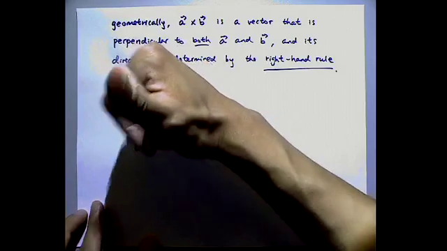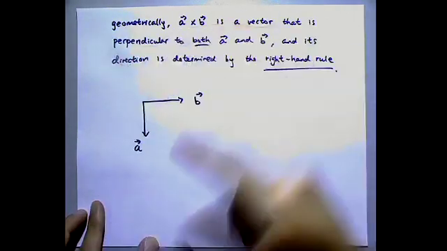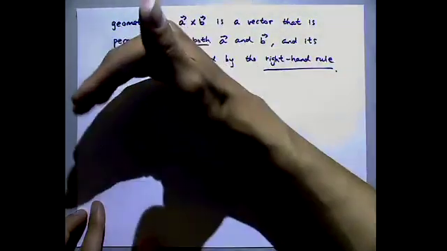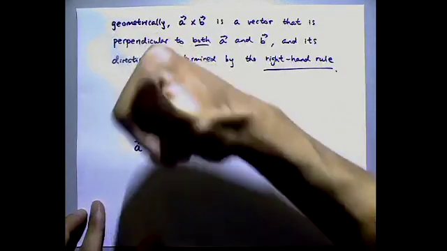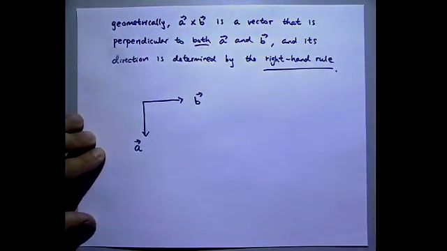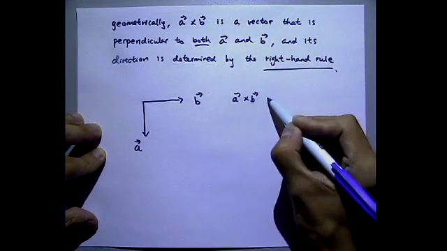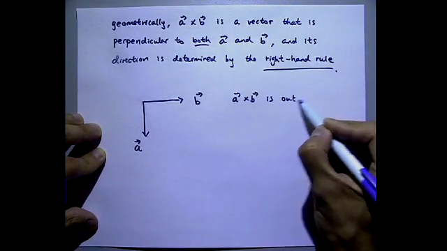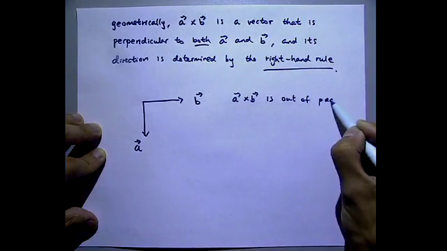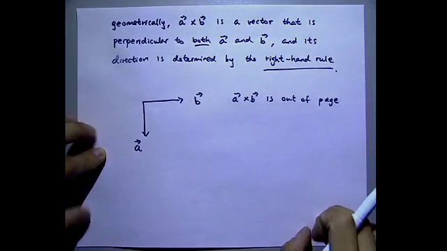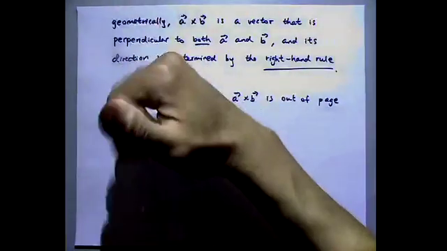That tells you where the resultant vector is. So you see, in this case, when I do A cross B, my thumb is pointing out of the page. Coming straight out at us. Right? A cross B.